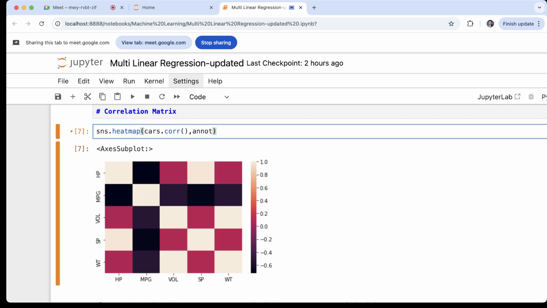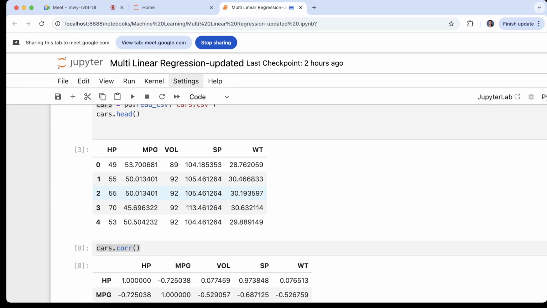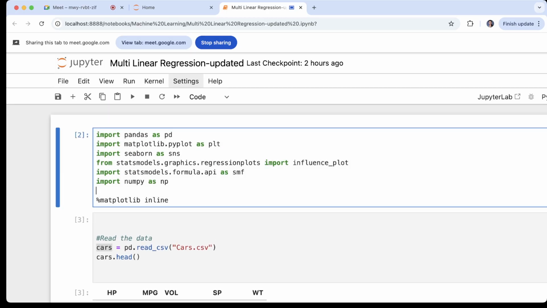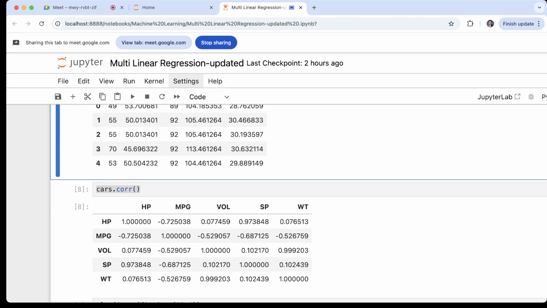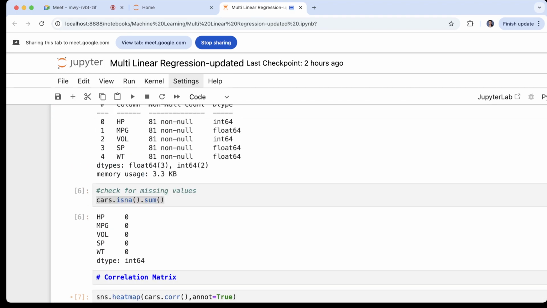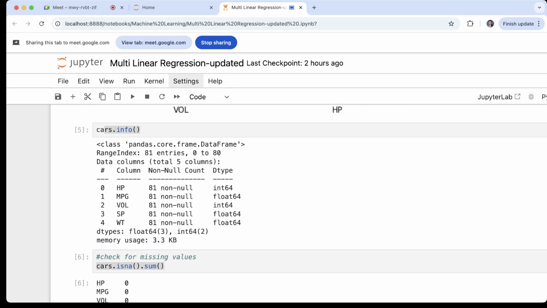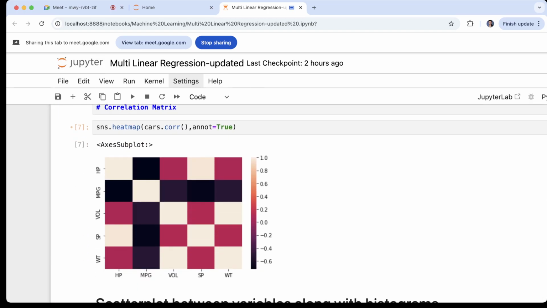You can use annot equals true to get the actual values as well. Anyway, till it's running, we can just go through it. Okay, so this is the heat map.